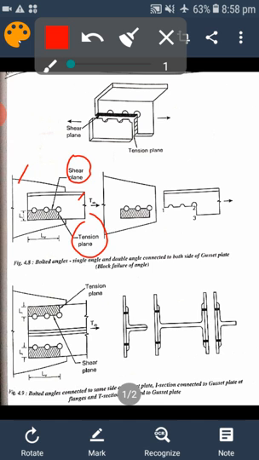The shear plane is parallel to the load, and its length is marked as LV, the length of the shear plane, and LT is the length of the tension plane.